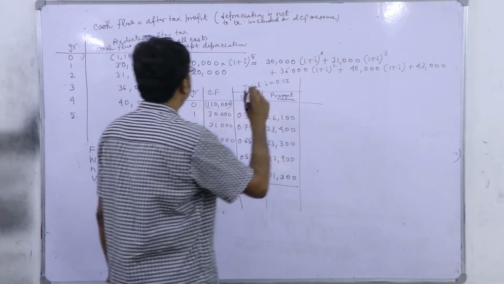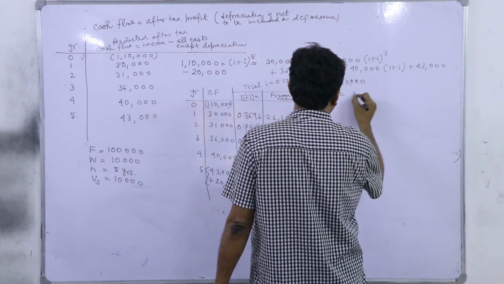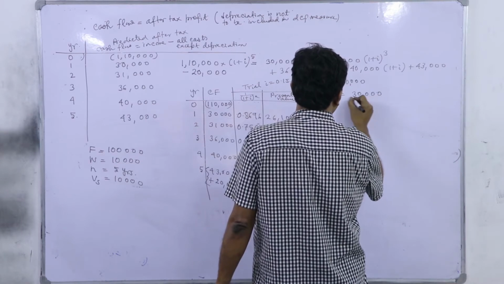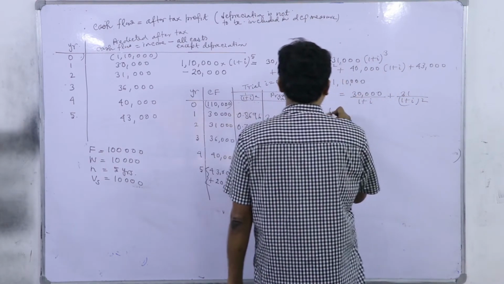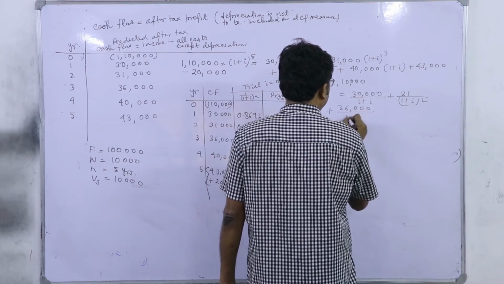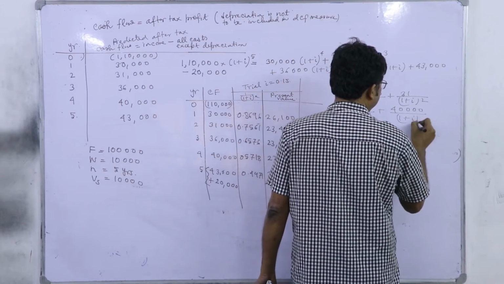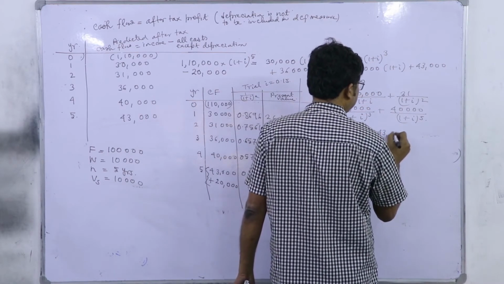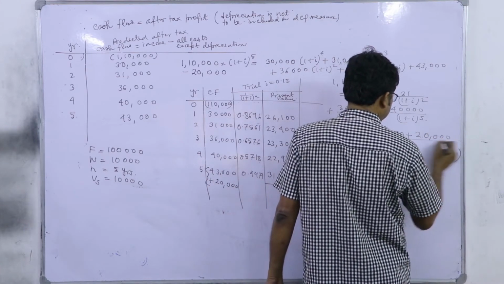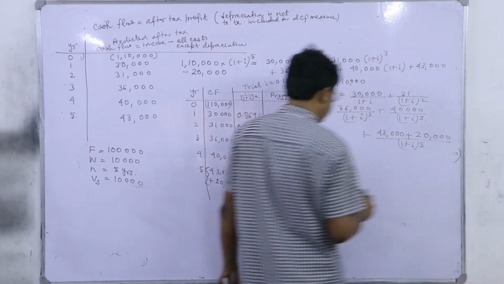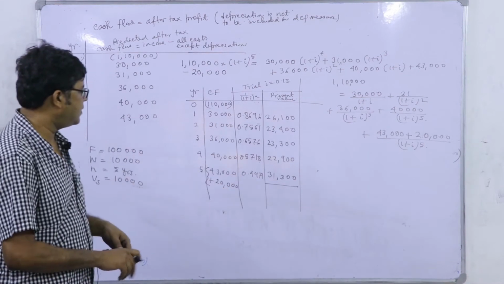So, actually you see what we are doing. 1,10,000, we keep it as it is, here 30,000 divided by 1 plus I plus 31,000 divided by 1 plus I square plus 36,000 divided by 1 plus I cube plus 40,000 divided by 1 plus I to the power 5 plus 43,000 and this 20,000 divided by 1 plus I to the power 5, and that comes to be 31,000, right, nearly half.